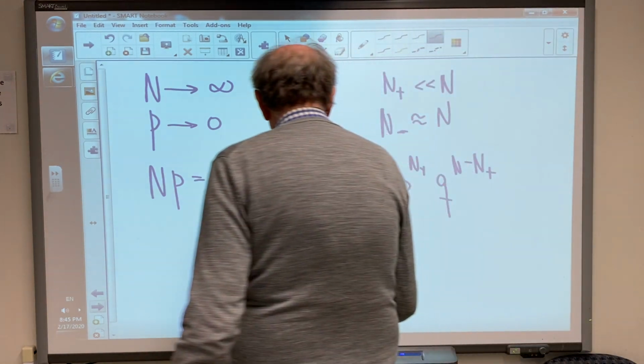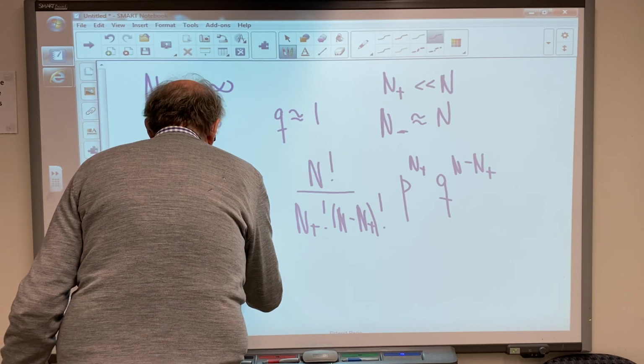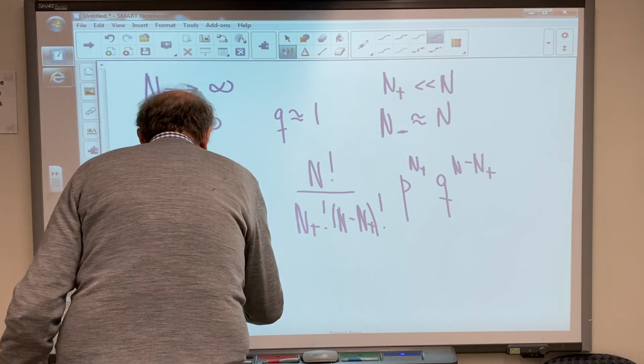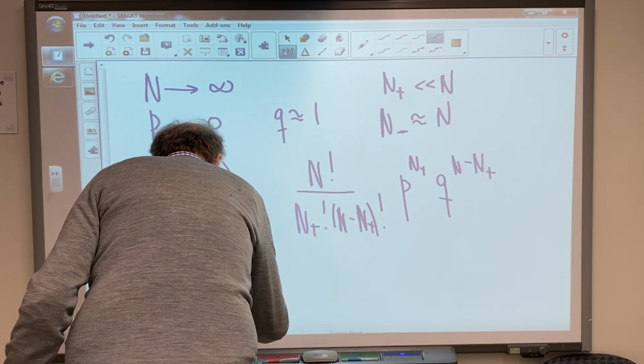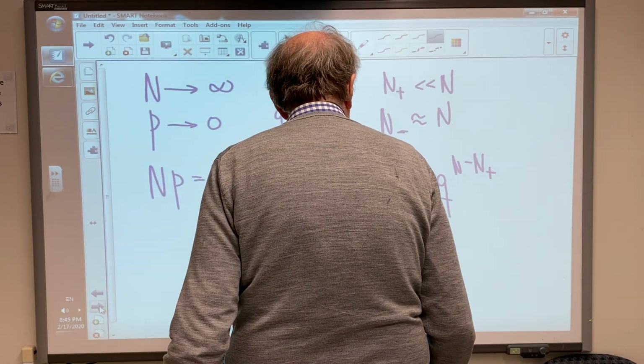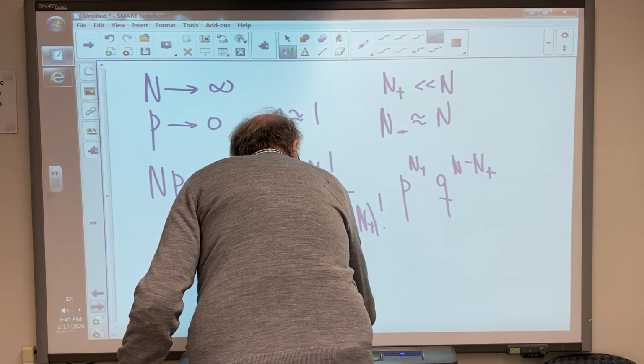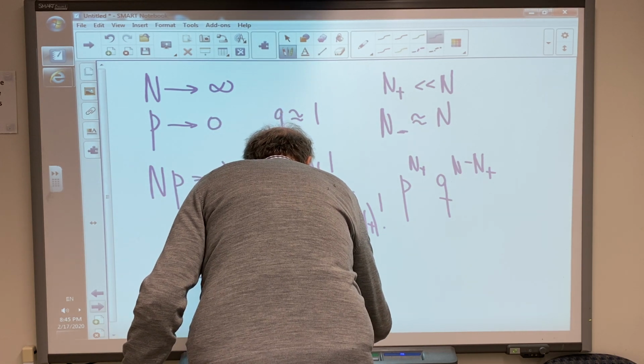I will leave certain things without touching. p to the n plus, I will leave as it is. n plus factorial, I will leave as it is. But I want to approximate two quantities. One is n factorial over n minus n plus factorial.